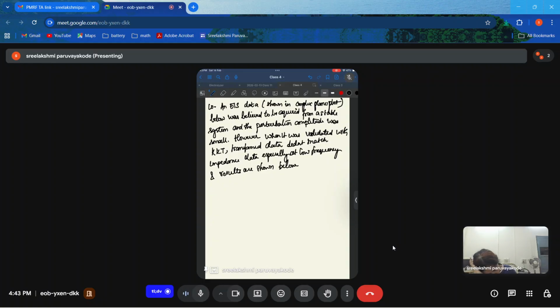Okay, they're showing a plot with minus Z imaginary versus Z real, and the data is of this form.